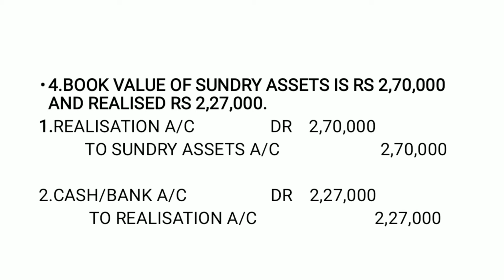Whenever you close down the account of any asset, the book value is to be considered, and at the time of realization, the realizable value is to be considered. Yes? Okay then. It says realization account debit 2,70,000 to sundry assets account 2,70,000 be the first journal entry for closing down an asset.